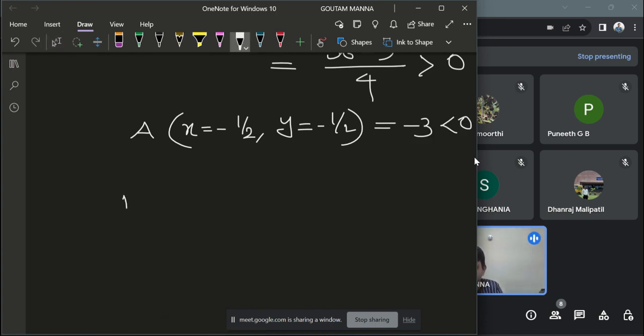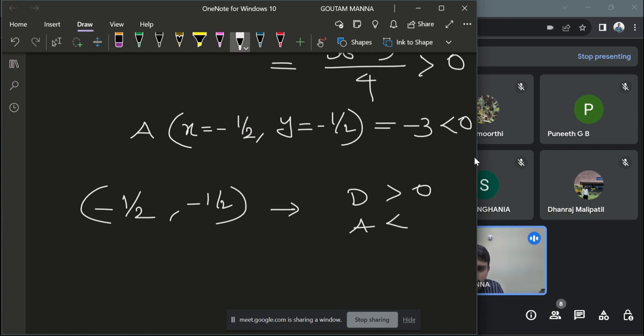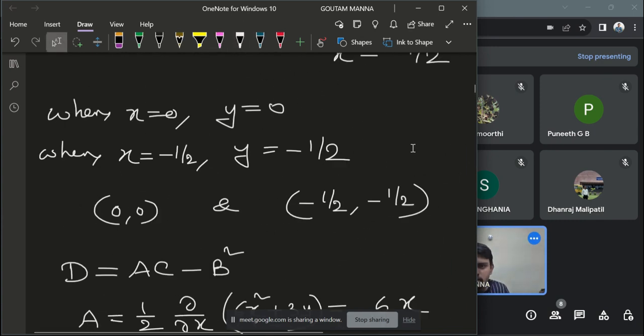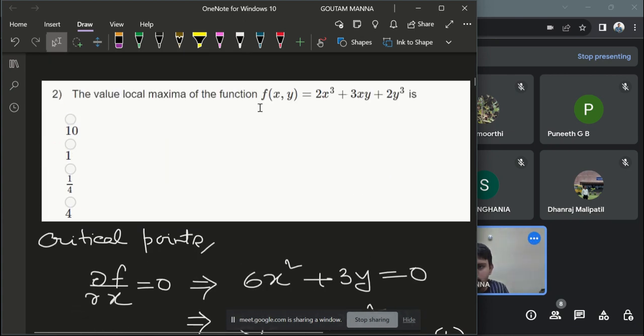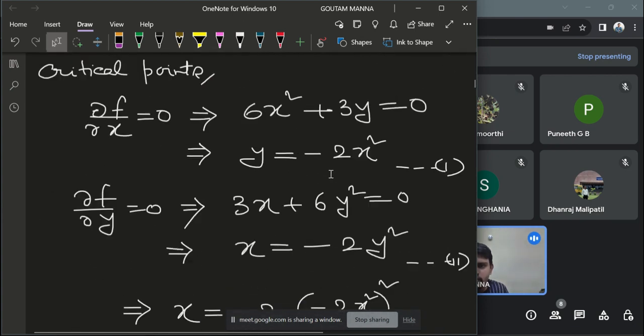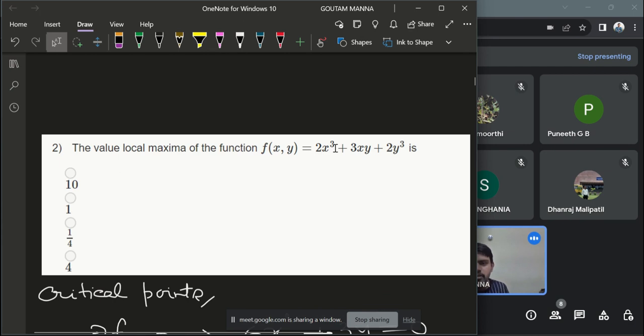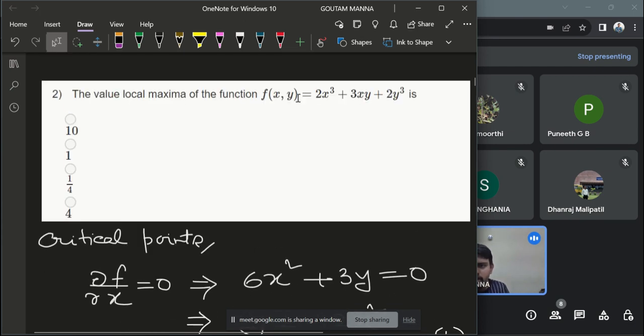So at this point, minus half, D is greater than 0 and A is less than 0. So it means we have a local maxima at this point, and if you put the value of this point in this function, we will get the value of this local maximum.